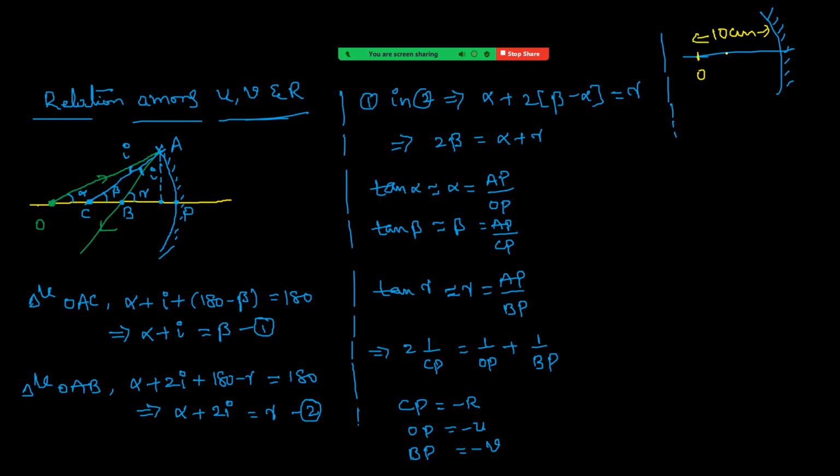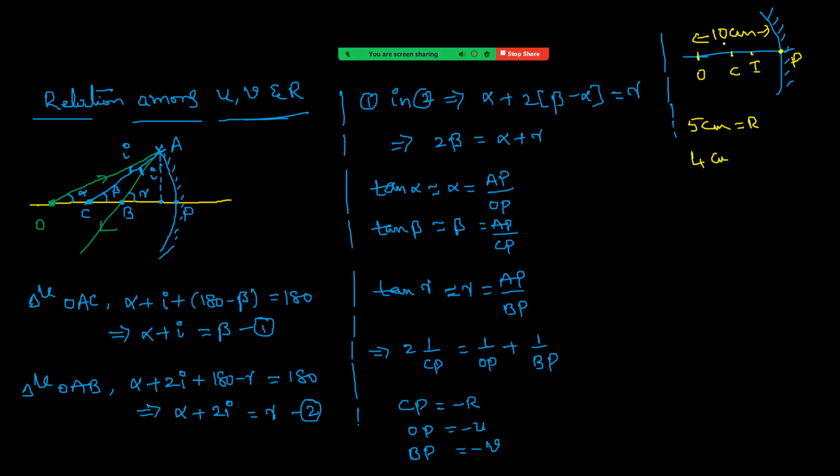For example, take the radius of curvature as 5 centimeter. Suppose this is the image. Distance of image from the pole, let us take it as 4 centimeter. I have just taken values randomly here, just to understand.